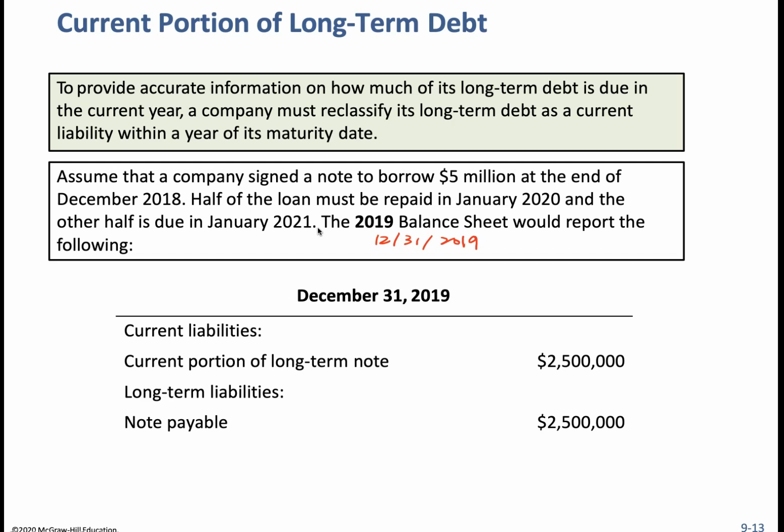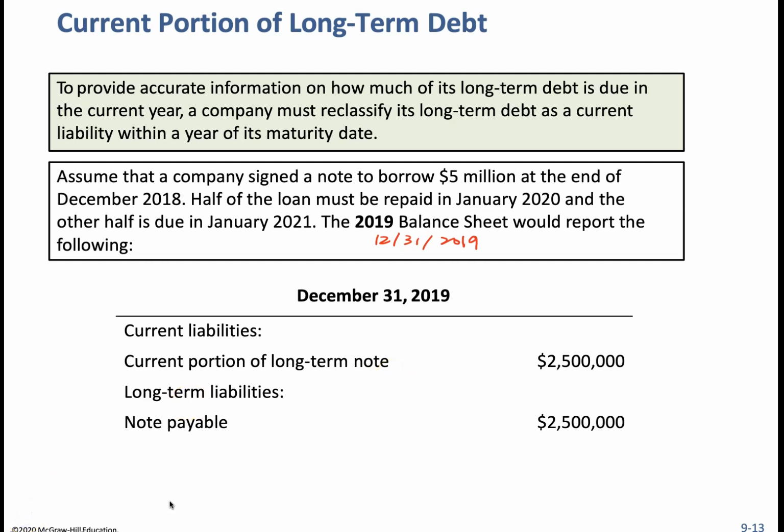However, when time passes, say 4 years have passed, now the loan is in its 5th year, which means the loan is going to be due in a year because next year is the end of the loan's maturity. When that happens, we need to reclassify that 5-year loan in its last year to be under the current liabilities and call it current portion of a long-term note or long-term debt.